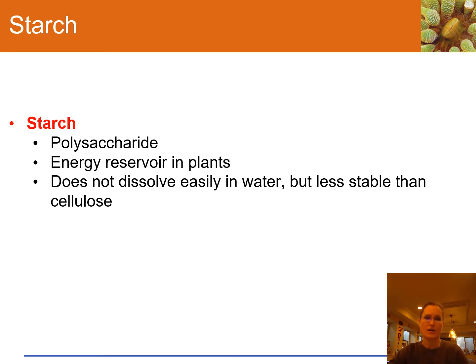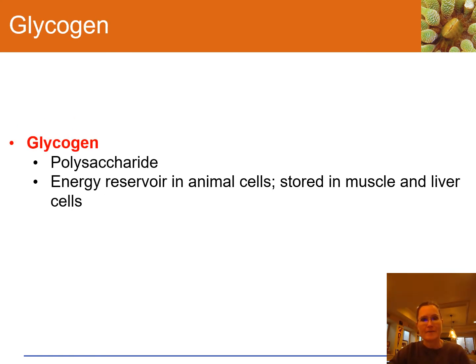Starch is an energy reserve. It's a polysaccharide. This is like potatoes or different starches like that. Glycogen is a special kind of polysaccharide that we store in our muscles and our liver, so that if we don't have enough glucose, we have a little backup.